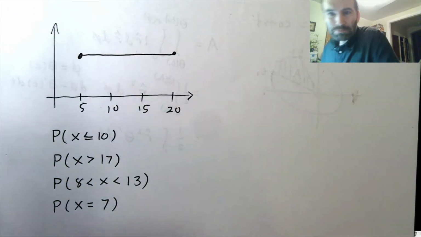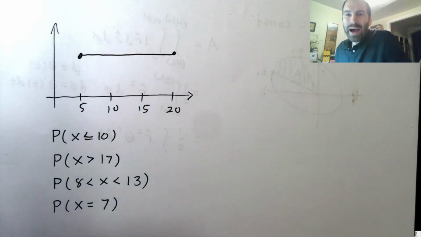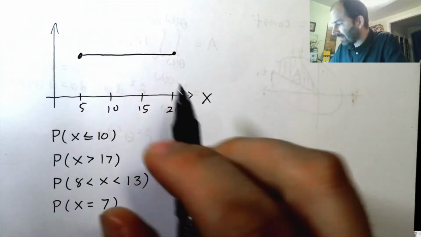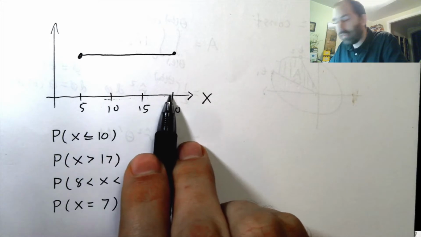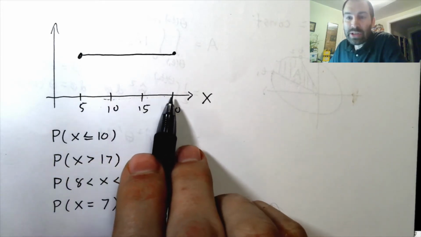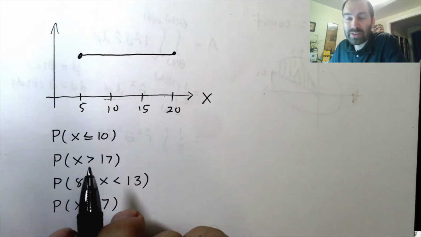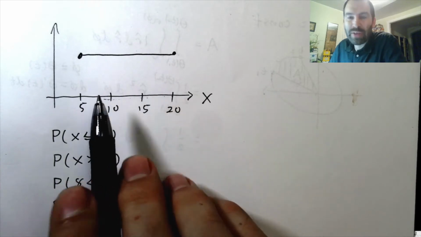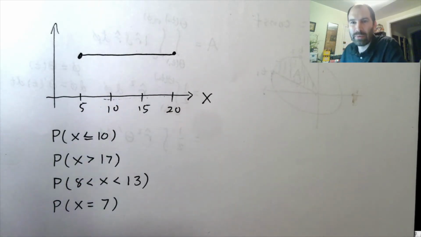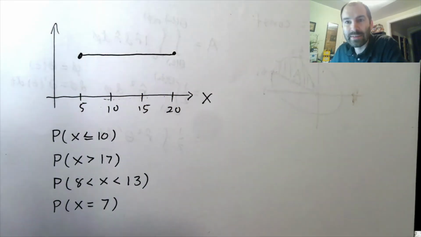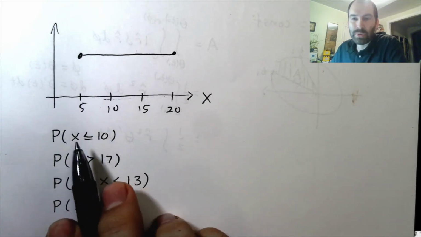What this corresponds to is when you have a random variable, in this case x, and it can take on any value between, in this case, 5 and 20, and every single possibility is just as equally likely as any other possibility. Every number between 5 and 20 is just as likely to occur as any other number. That's what makes it uniform, and that's why this bar has just a constant height. Okay? So let's go ahead and compute these probabilities.